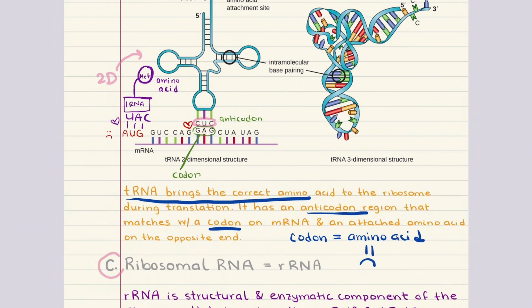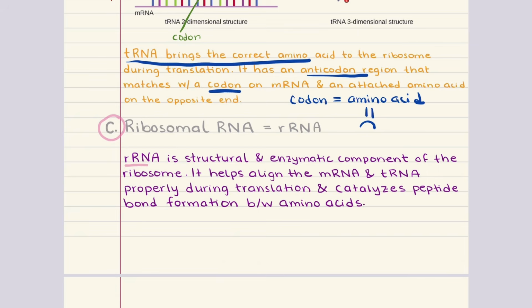Finally, we have ribosomal RNA, or rRNA. This is a structural and enzymatic component of the ribosome. It helps position the messenger RNA and the transfer RNA correctly during translation, but rRNA isn't just scaffolding, it also has enzymatic activity.